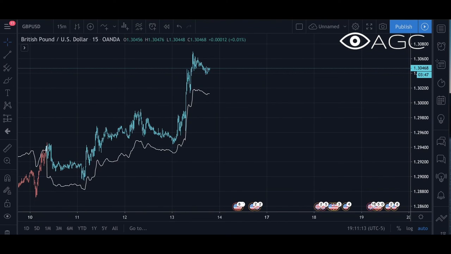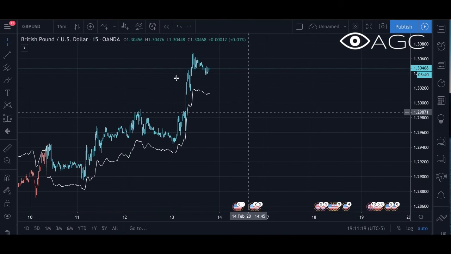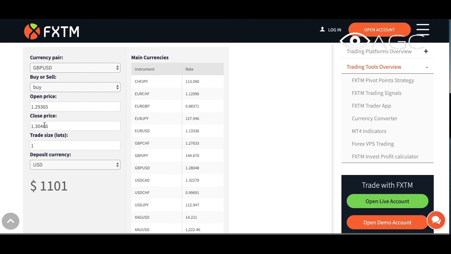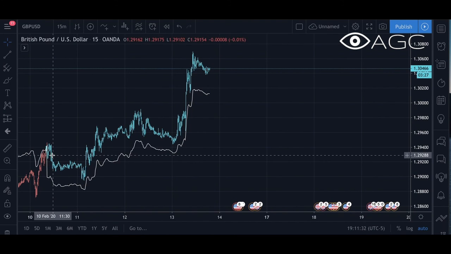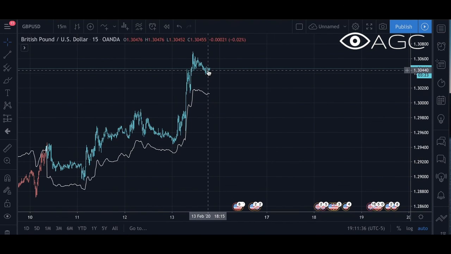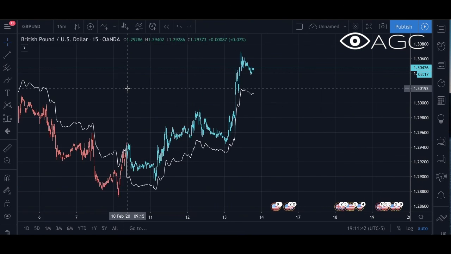Around here, let's say we enter over here, 1.29365 Great Britain pound, and the close price over here is 1.3468. And with a 1.0 lot size, you would have entered into this trade on February 10th, and within the past 3 days, that's the amount you would have made with the standard lot size.